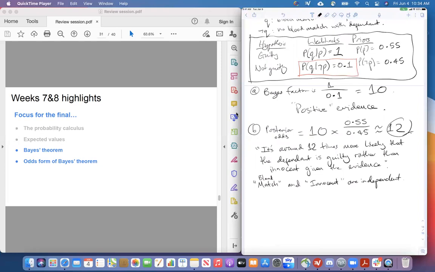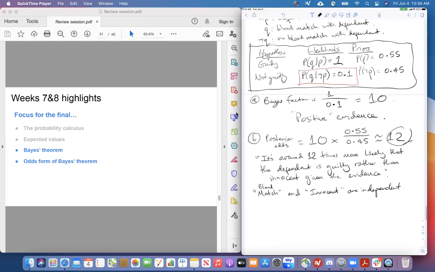So learning that he was innocent of this crime doesn't tell you anything about whether the blood will match or not. And what do we know about independent statements? Let me make sure my P's and Q's are right. So P of Q given P is just P of Q. That's what it means for these statements to be independent.